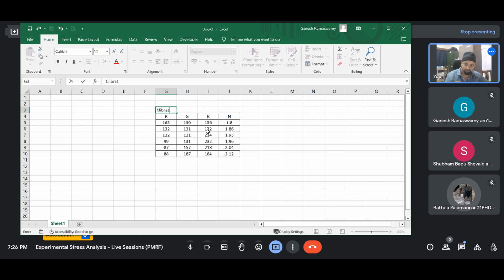Now let us go to application image for point A. Okay, for point A, what is RGB that is given? For point A, R is 145, G is 127, and B is 200.